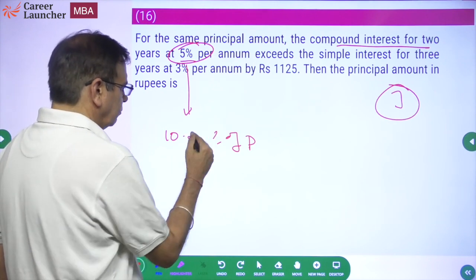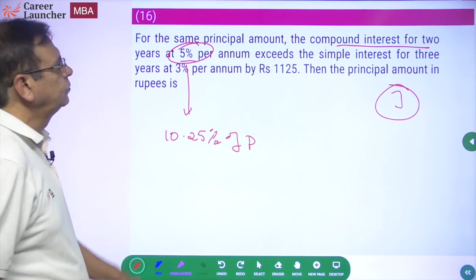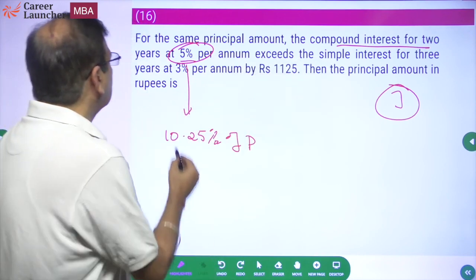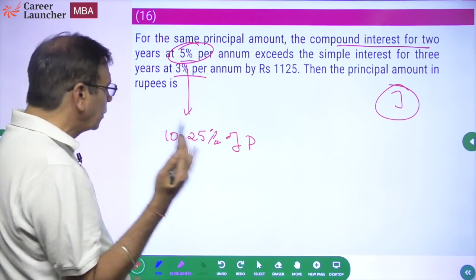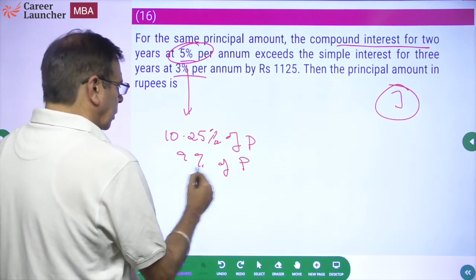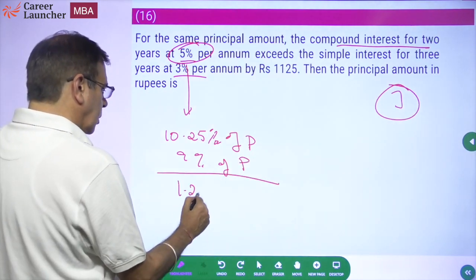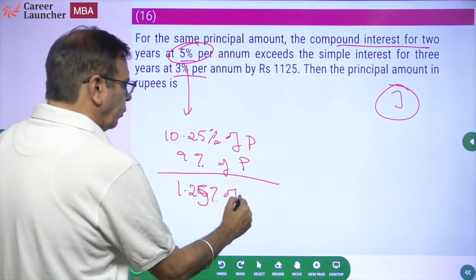Yeah, आ गया. Okay, and exceeds the simple interest for 3 years at 9%. Simple interest for 3 years at 3% is 9% of principal. What is the difference between the two? 1.25% of principal.